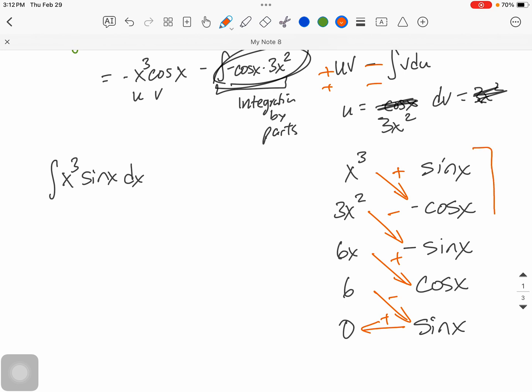And so if you think about these two as being your first sets of u and du, and on the right side, v and dv, I can go into the first term, which would be negative x cubed cosine x.